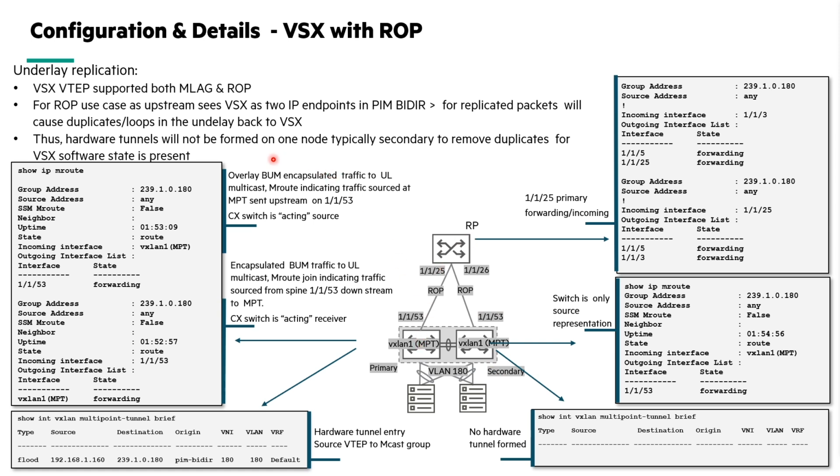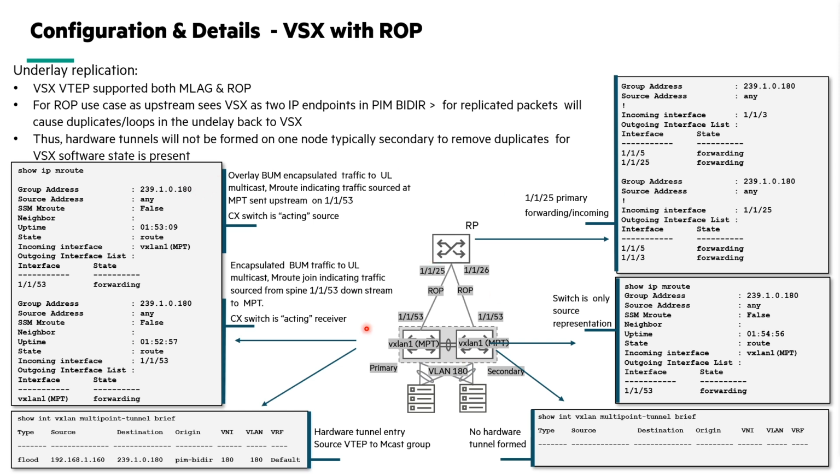So to not have this behavior, when we have VSX VTEPs with ROPs and underlay replication, we do not form hardware tunnels on the secondary member of the VSX pair. And this is to remove duplicates being sent and spinning around the network.